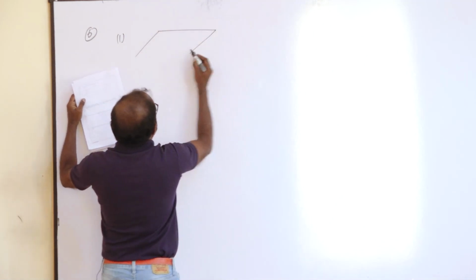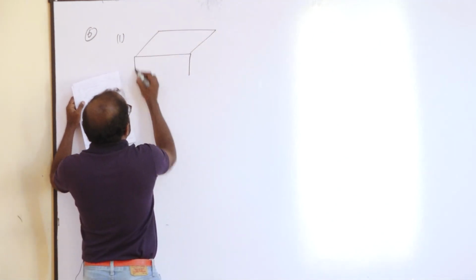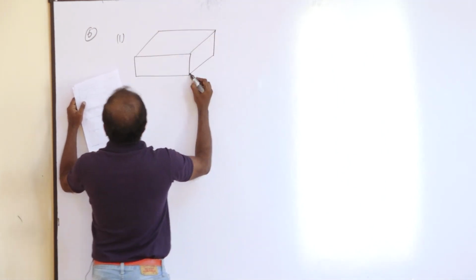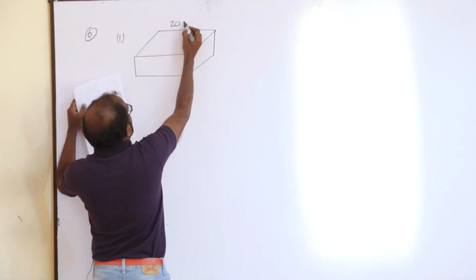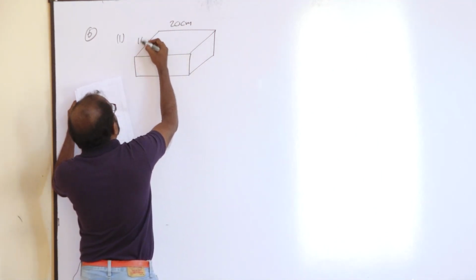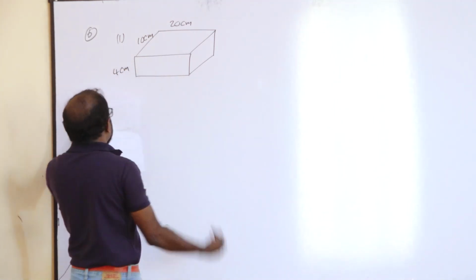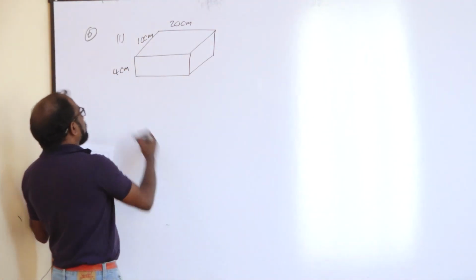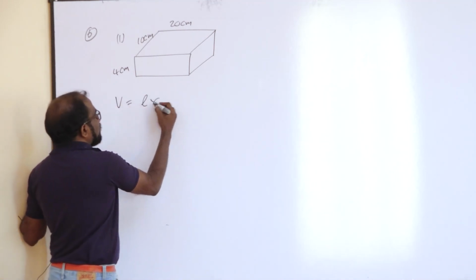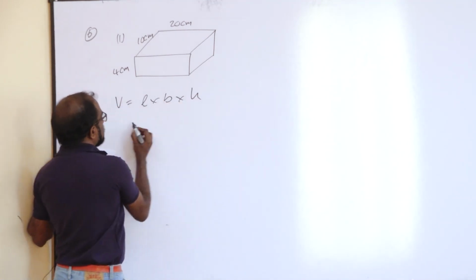A cuboid is given. Length 20 centimeters, breadth 10, height 4 centimeters. We need to find the volume. We know volume is length into breadth into height.